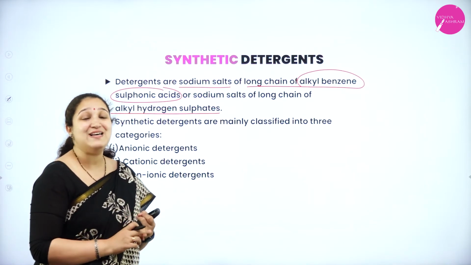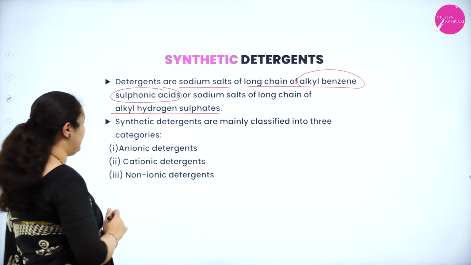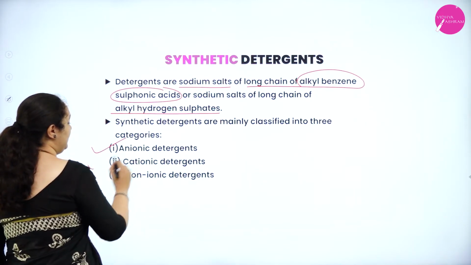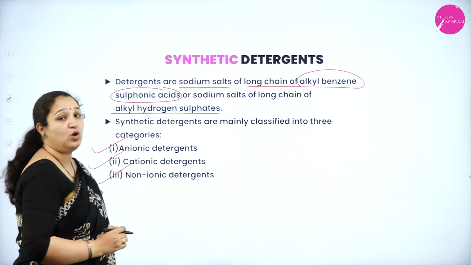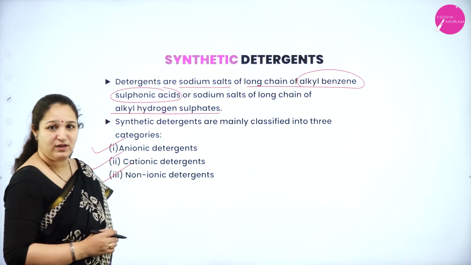So these are called detergents. There are three types of detergent, that is anionic detergent, cationic detergent and non-ionic detergent. So we will learn about every type of detergent.